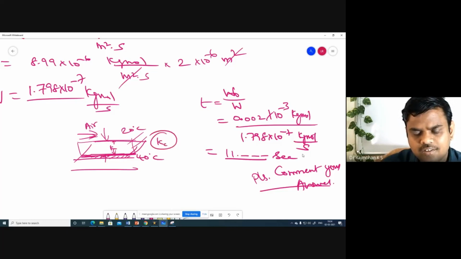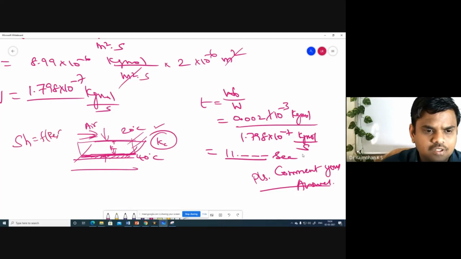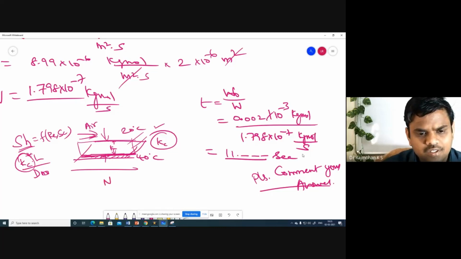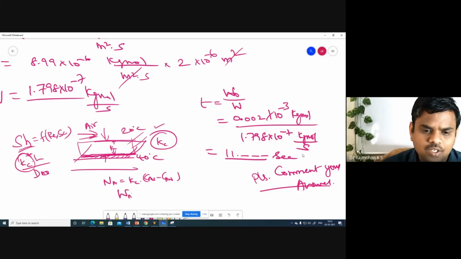We calculated the Kc value. We made use of the correlation to get the Sherwood number, which is a function of Reynolds number and Schmidt number. By definition of Sherwood number, Kc into L by DAB is the Sherwood number. Once we calculated Kc, we substituted to get NA equal to Kc into CAS minus CA infinity. Then we calculated WA, which is NA into area.